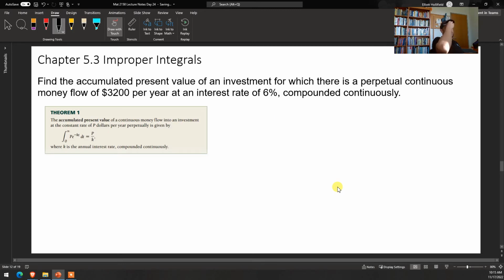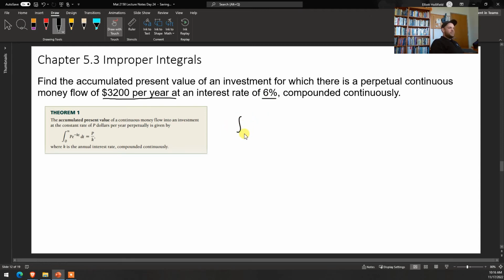Let's apply this rule to an example. Here we have an accumulated present value of an investment for which there is perpetual, or forever, continuous money flow of $3,200 per year, and we have an interest rate of 6%.